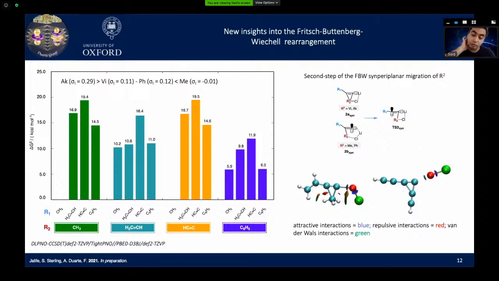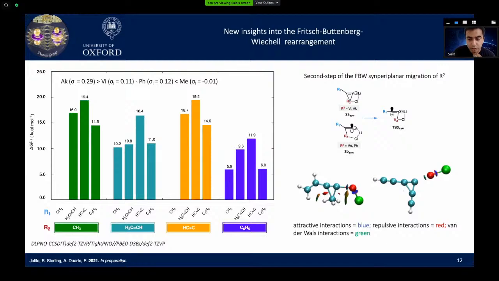We can also have another transition structure there where this vinyl group is not on the skeletal plane of the carbon-carbon, but instead it's out of this plane and pointing up or opposite to the methyl group. But yes, I haven't done that.